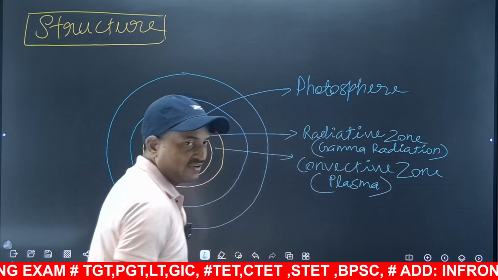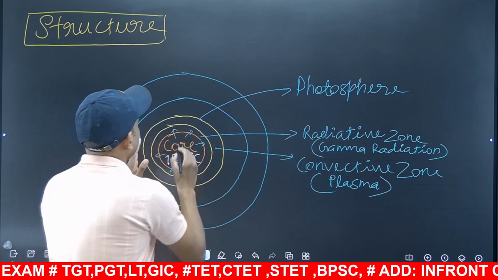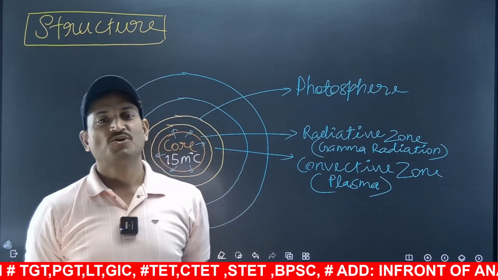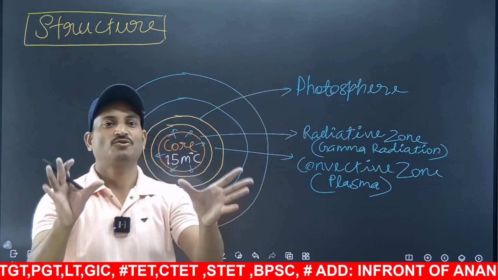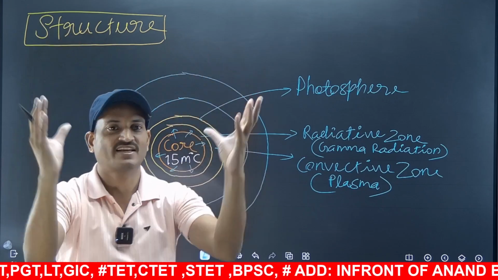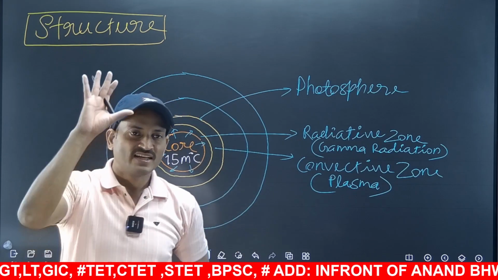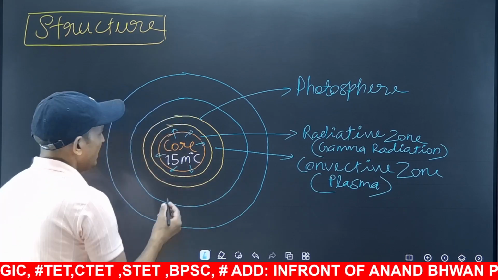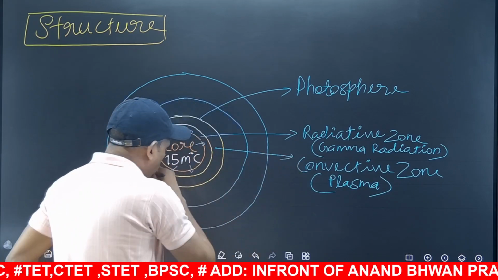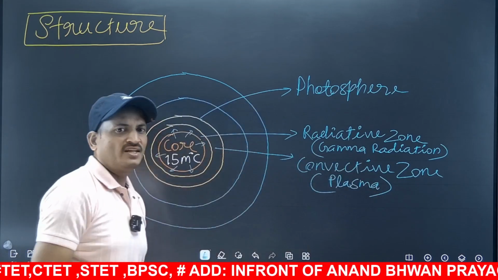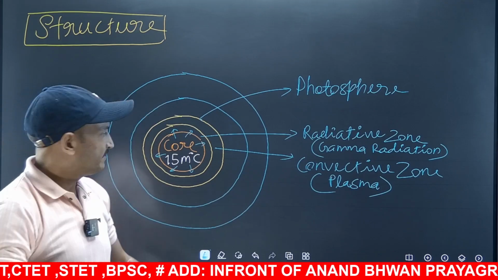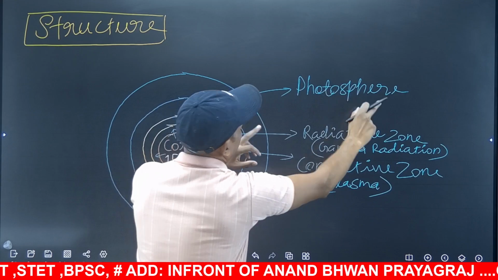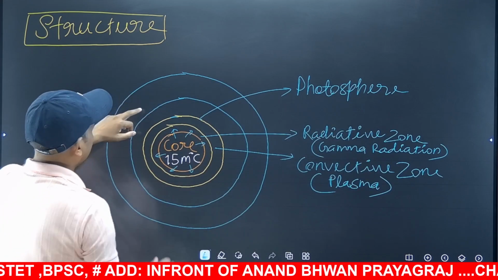The photosphere is the visible surface of the sun that we see. जो हमें दिखाई पड़ रहा होता है, जब हम सन देखते हैं, जो आउटर सरफेस जो हमें सन की दिखाई पड़ रही होती है, that surface of the sun is the photosphere. हमें ये रेडिएटिव जोन, कन्वेक्टिव जोन दिखाई नहीं पड़ते हैं, because they are within, but the outermost visible layer, that is the photosphere.